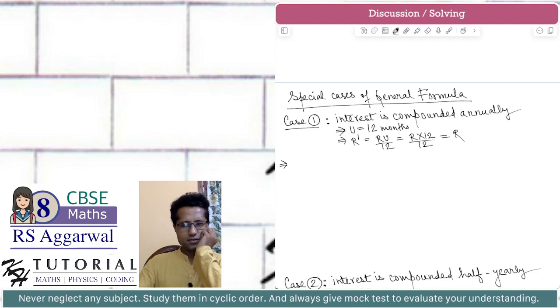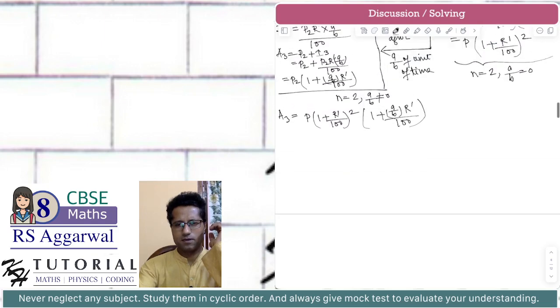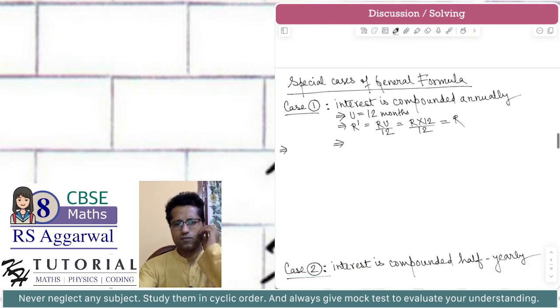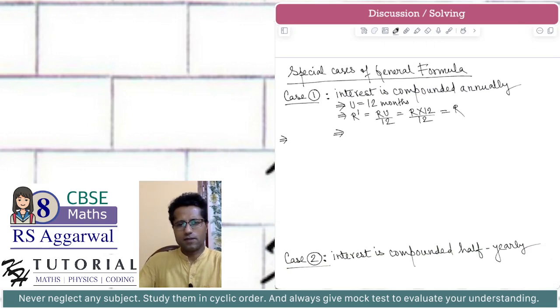What else can we find from this special case, that is u equals 12 months? We will also have that t multiplied by 12 divided by u will be equal to t multiplied by 12 divided by 12, which is equal to t.